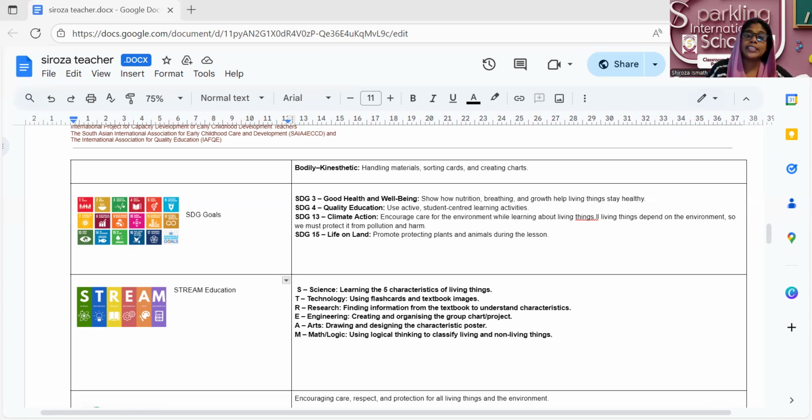Engineering: they design the chart, plan the layout, organize ideas, and construct the final project. Art: drawing, pasting, and coloring for their design. Maths and logical thinking are used when classifying, sorting, and comparing living and non-living things.